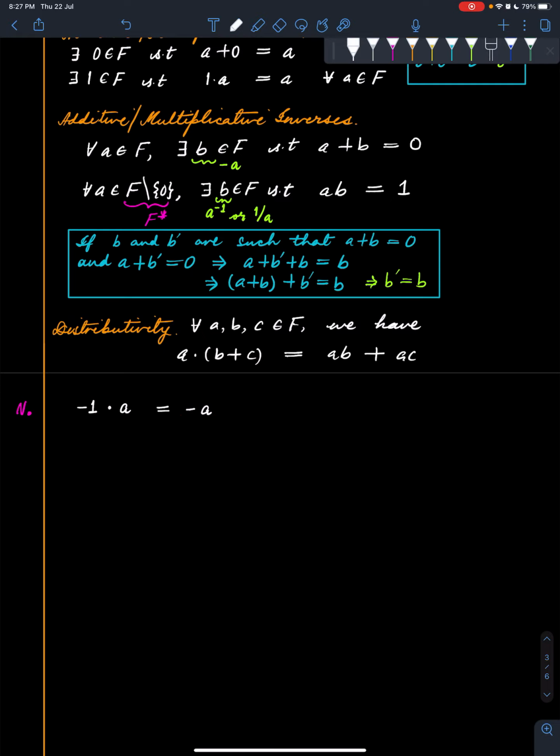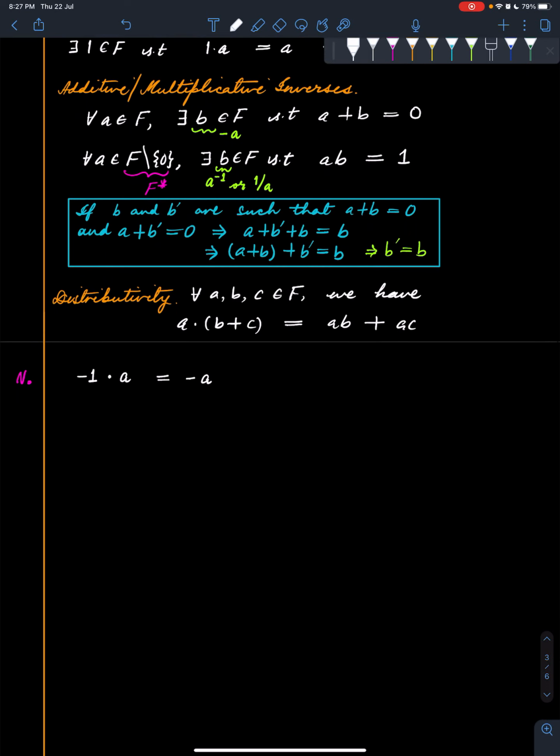And for that we will use distributivity. So for the proof, it's very simple. It's just 1 minus 1, or let me write A dot 1 minus 1 is A dot 0. Okay, before I say this, I should say something else. So wait a minute. Let us note something else first.